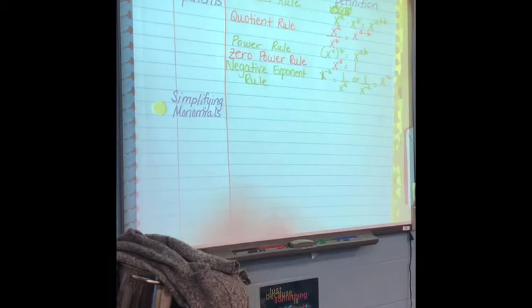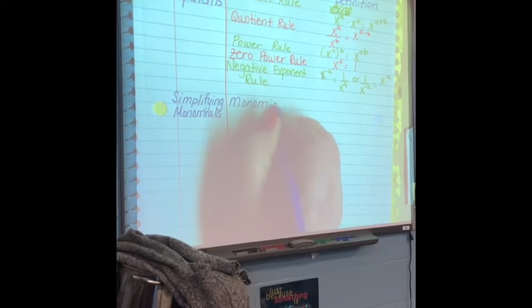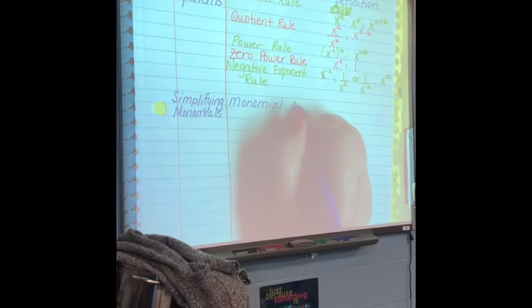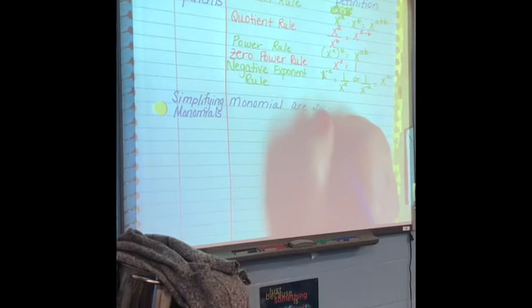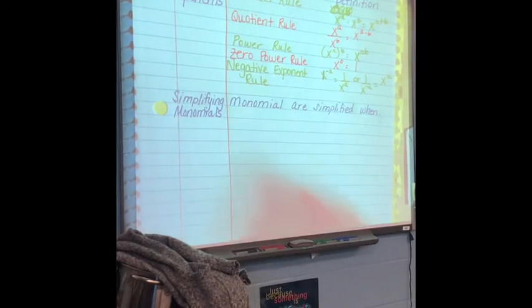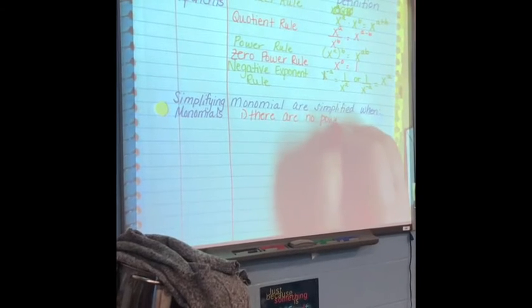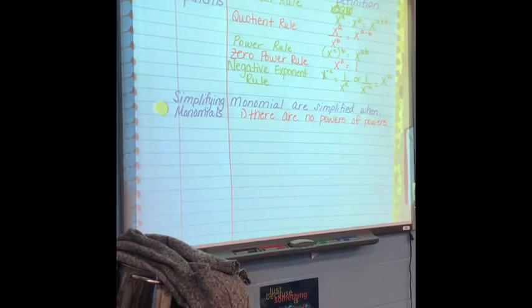All right. Simplifying monomials. Monomials are considered to be simplified when they meet these rules. First thing that they have to have done is that there cannot be any more power to powers. No more powers of powers.